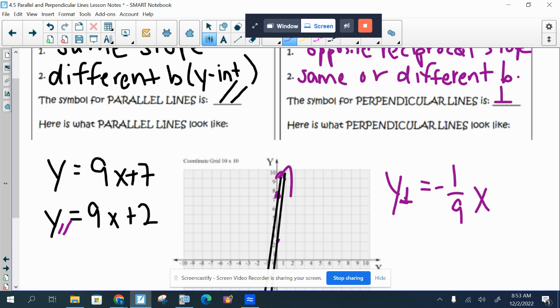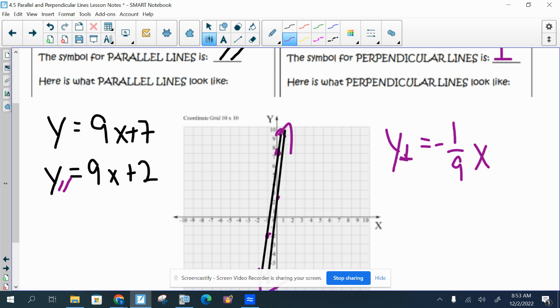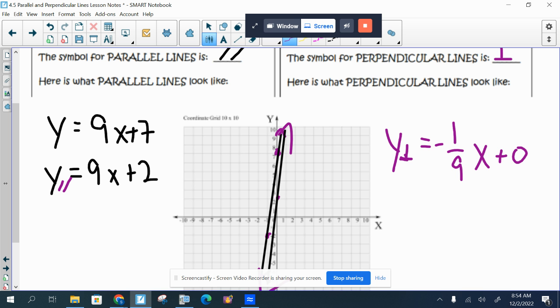And then let's pick a y-intercept. We could just pick 0. So you could say plus 0 or just nothing. So it intersects at 0, 0. And then it's going to go up 1 over 9. Or sorry, not up 1 over 9. Down 1 over 9 because it's negative.